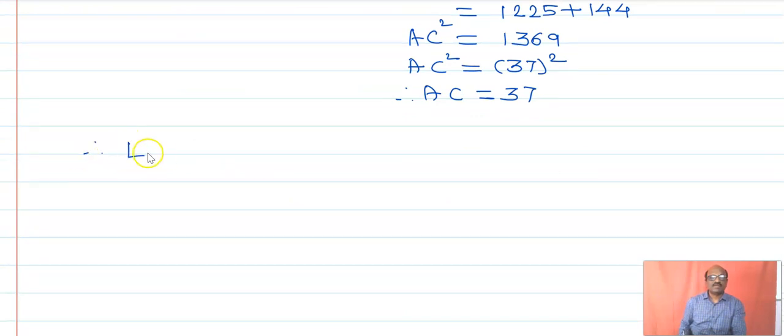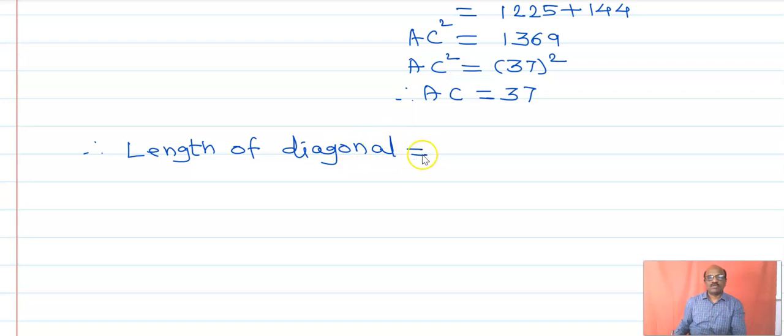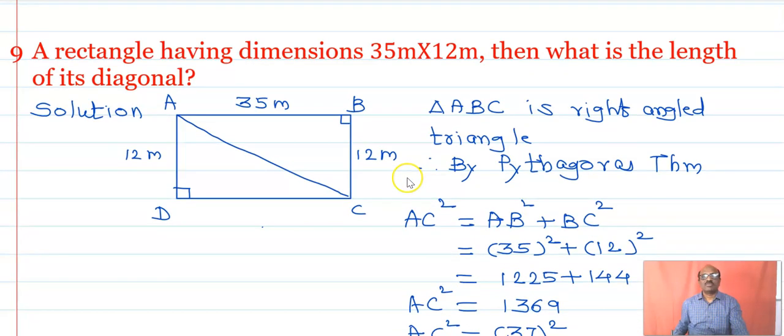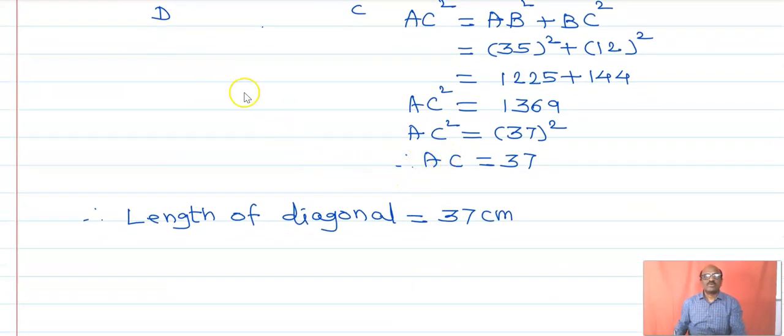Hence the length of the diagonal is equal to 37 meter.